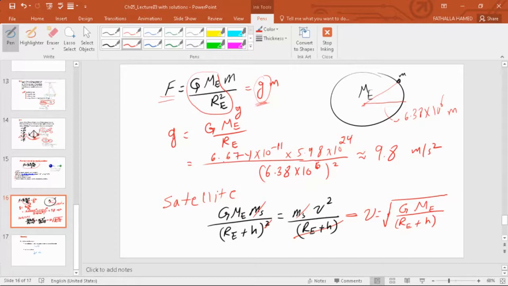G is equal to 6.67 times 10 to the minus 11. Mass of the Earth is huge, approximately 5.98 times 10 to the 24 kilograms. The radius is 6.38 times 10 to the 6 meters, and of course you have to square that. That will give you roughly 9.8 meters per second squared.